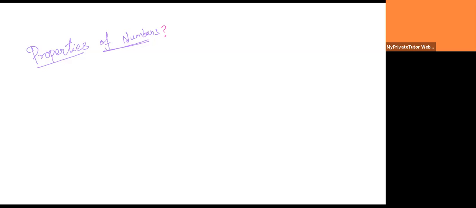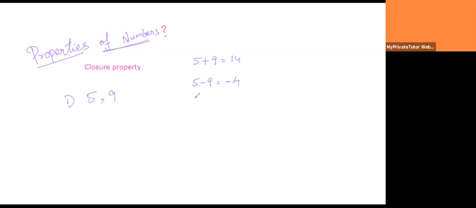So the first one is the closure property. For example, just take 2 numbers as you wish. Let's take 5 and 9. Use these 2 numbers and try all the arithmetic operations. 5 plus 9 is 14. 5 minus 9 is minus 4.